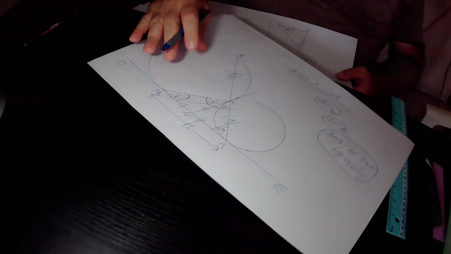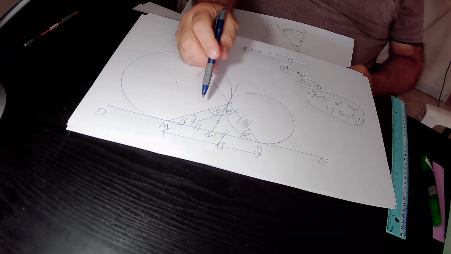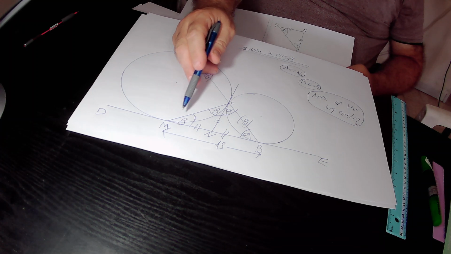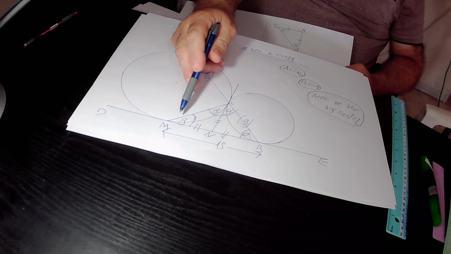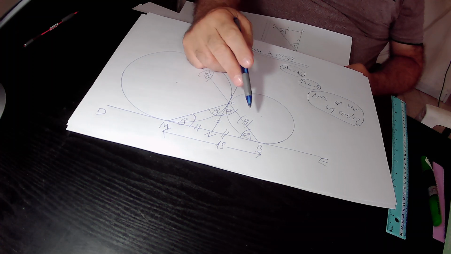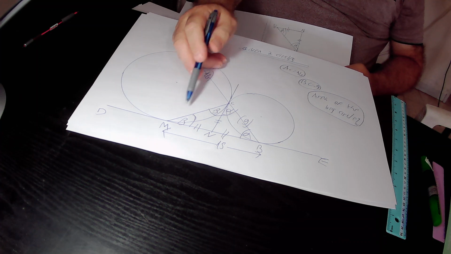In the next step, I'll copy the big triangle MCB. The big triangle consists of those two triangles, triangle MCN and triangle NCB. So I'll copy the big triangle MCB in a new page, and we'll analyze this big triangle MCB.